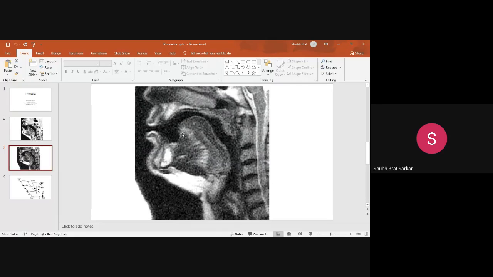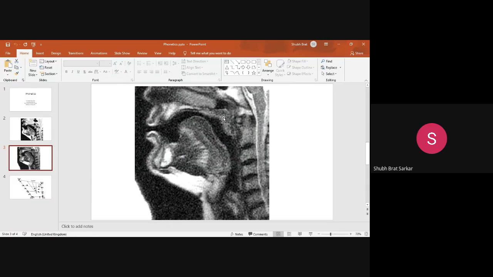When the active articulator is at the highest position, we call that the closed position. When it is lowered down, we have the half closed position. And there is a fifth position between half closed and half open. So let us recall the 5 positions where we can see the active articulator.